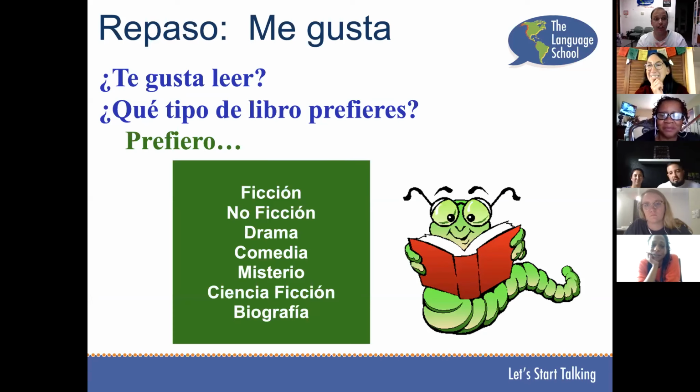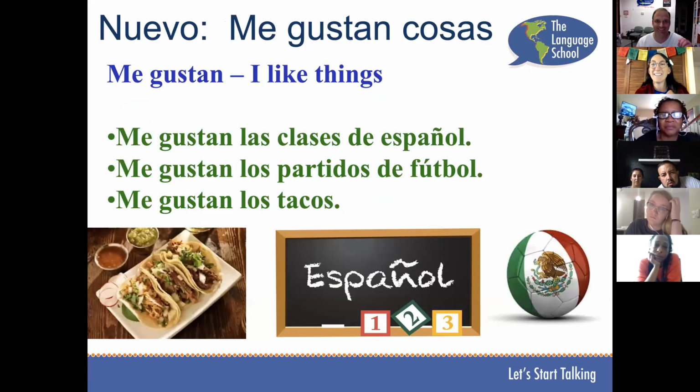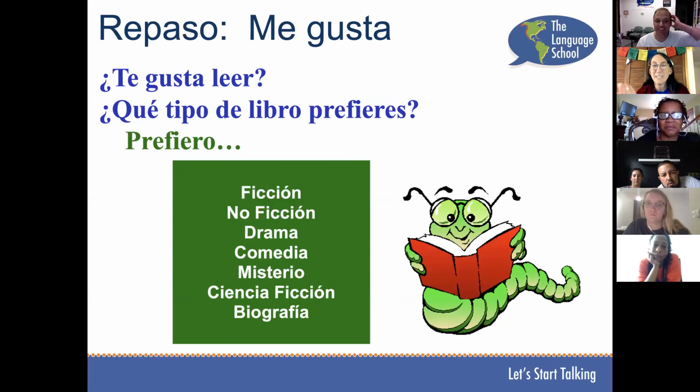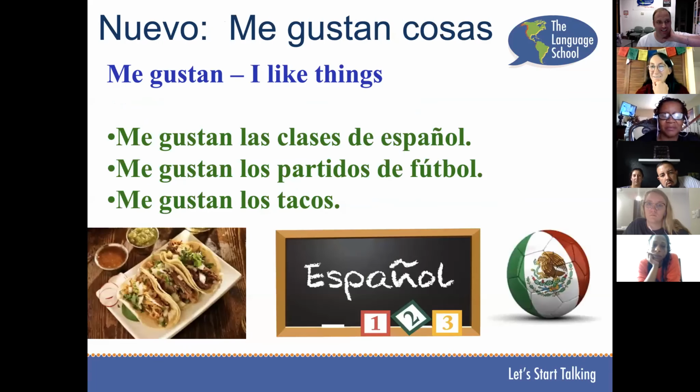But if you like two things the same, you could say, me gustan la biografía y la ficción igual. Equal. Okay, so me gustan biografía y ficción igual. Muy bien, Emily.